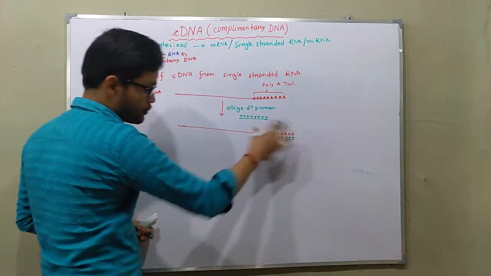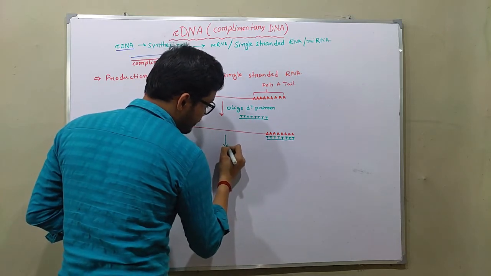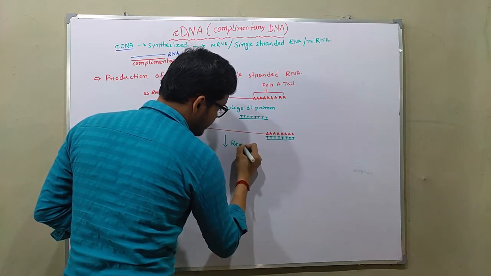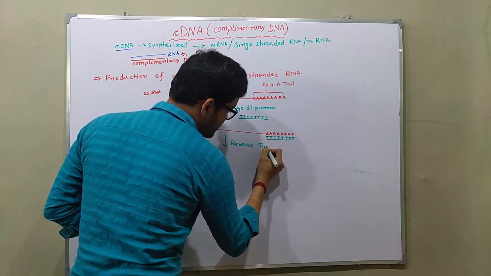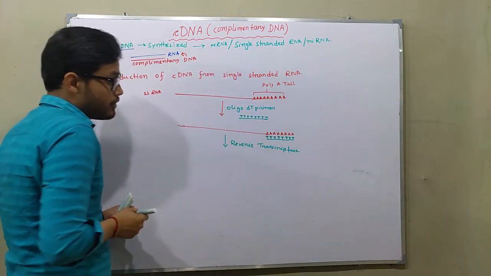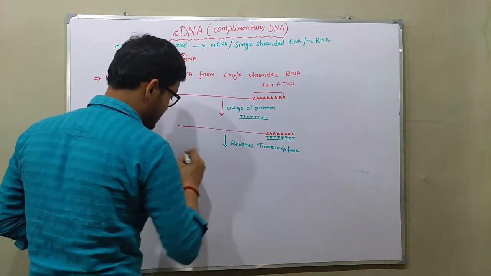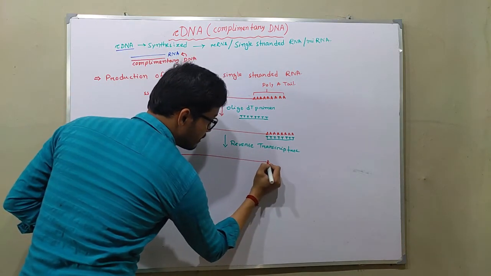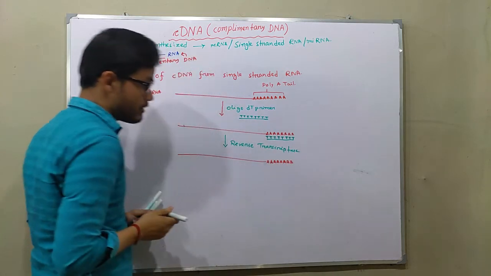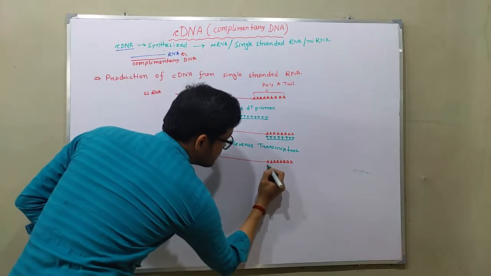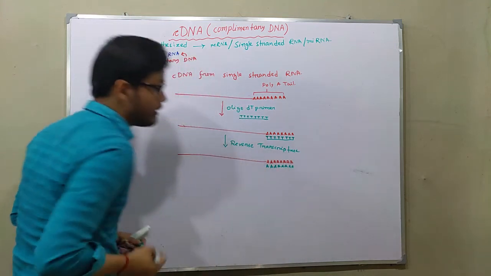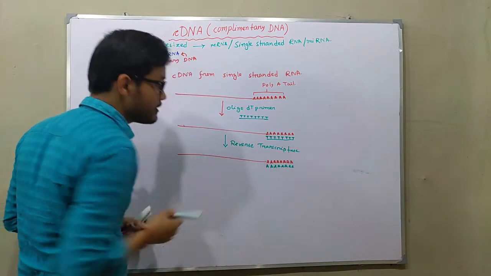poly-A tail portion, and now we have to add a reverse transcriptase enzyme. Okay, so after adding reverse transcriptase, this is our ssRNA, and this is the oligo dT primer complementary with the poly-A tail, and now we add the reverse transcriptase enzyme.